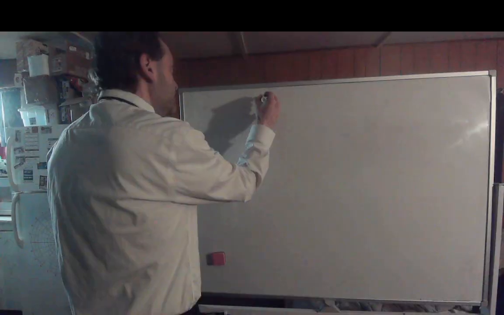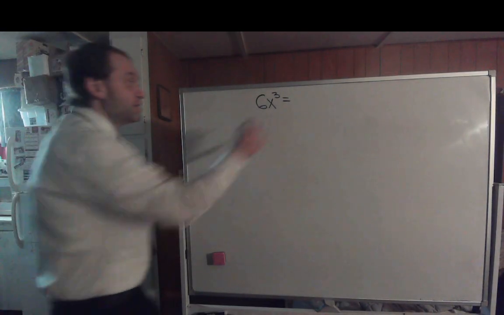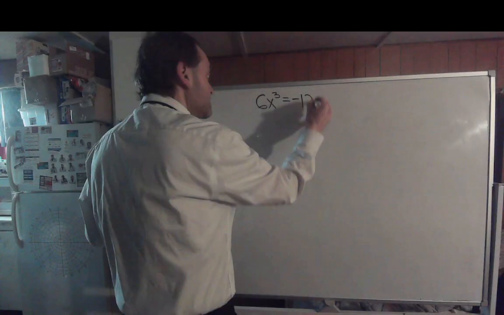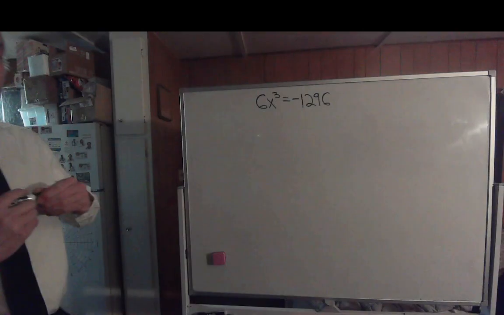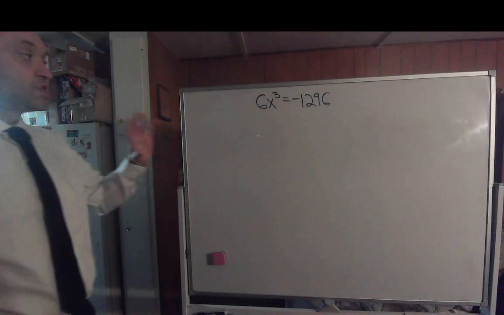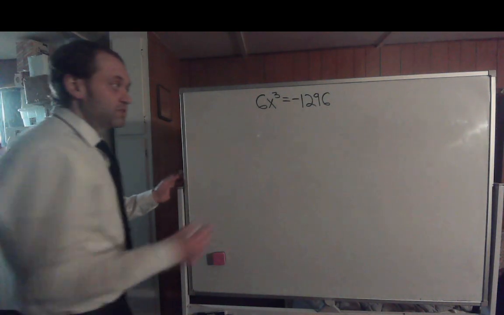What about the next one? We have 6x to the 3rd equals negative 1296. And again, we only care about the real solutions. So, of course, we want to get the x to the 3rd by itself, so let's divide both sides by 6.